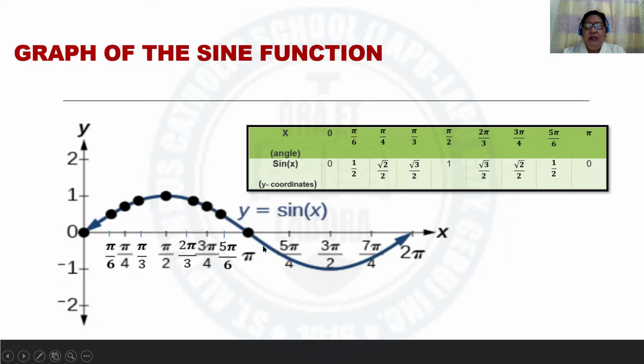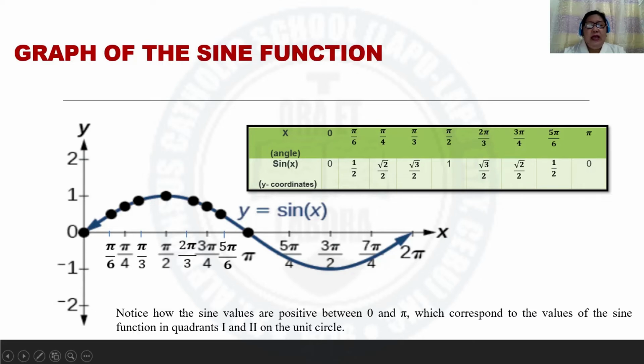And plotting the other points below until 2 pi, you will go back to 0, and so on and so forth. Notice how the sine values are positive between 0 and pi, which corresponds to the values of the sine function in quadrants 1 and 2 on the unit circle.